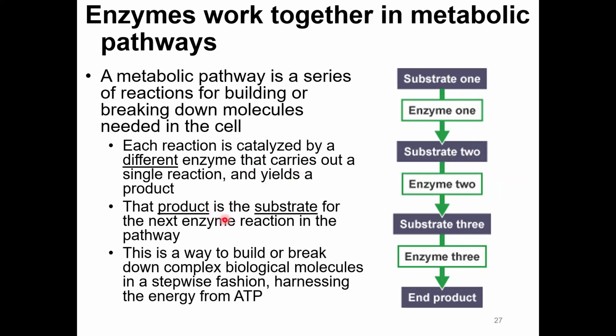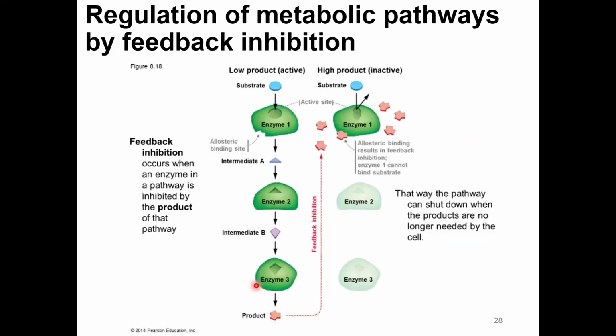The product itself is the substrate for the next enzyme, and it builds its way to the end product, like a series of steps. This is basically a way to build or break down a complex biological molecule in a stepwise fashion by using the energy from ATP.